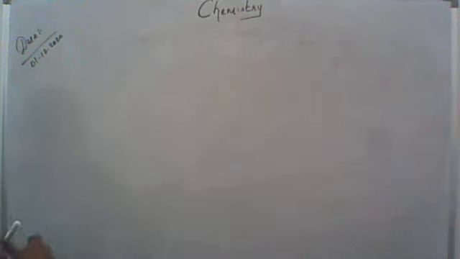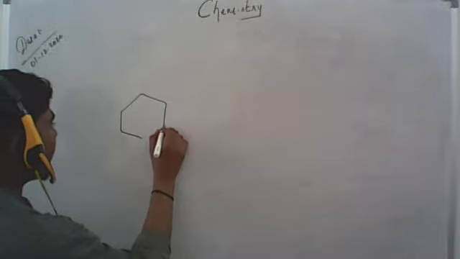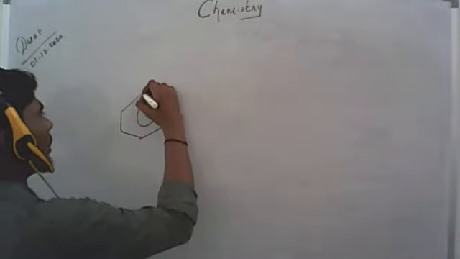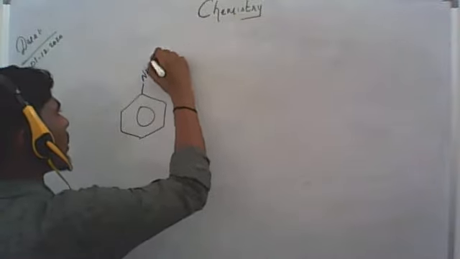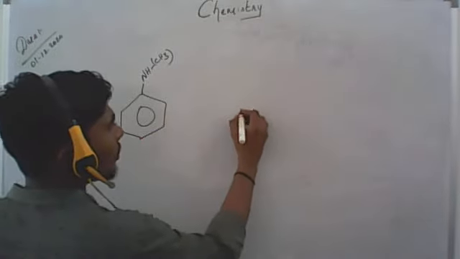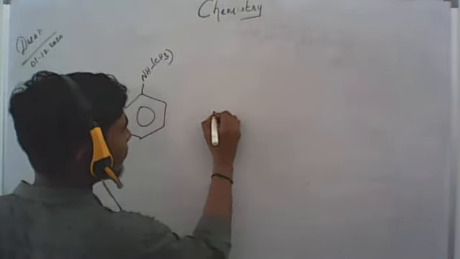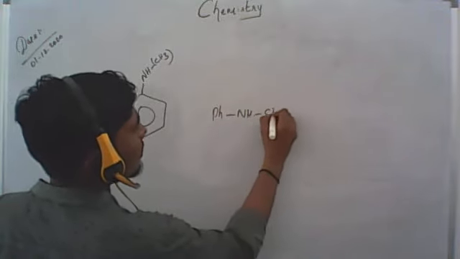What is the IUPAC name for this compound? Find the IUPAC name for this compound and find the type of amine. NHCH3. What is the type of amine? See here, the straight line in the compound I am writing is a phenyl, with NHCH3.